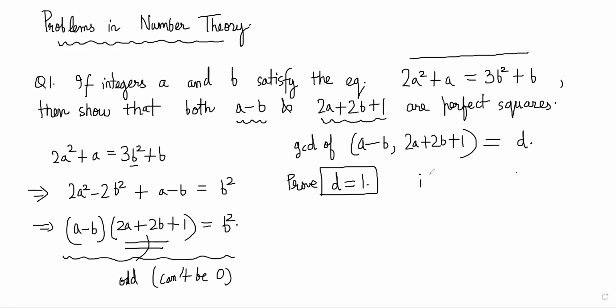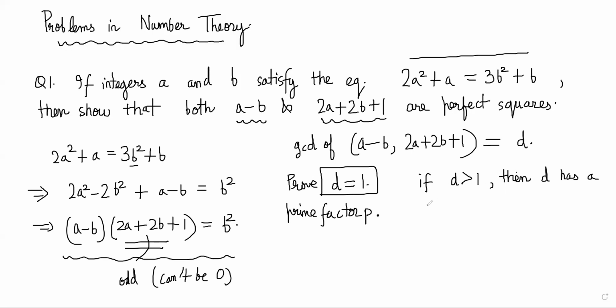So how do we do that? If d is greater than 1, then d has a prime factor, right? Any integer greater than 1 has a prime factor, and let's call that prime factor p.